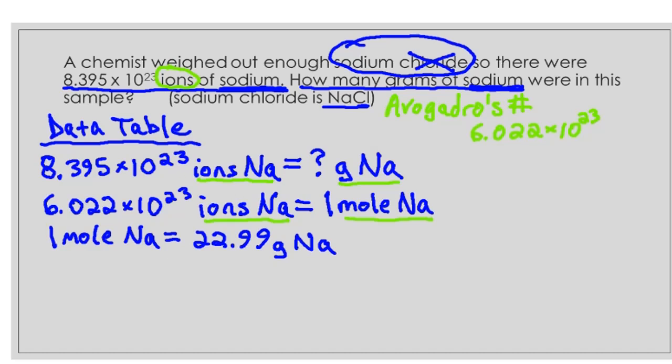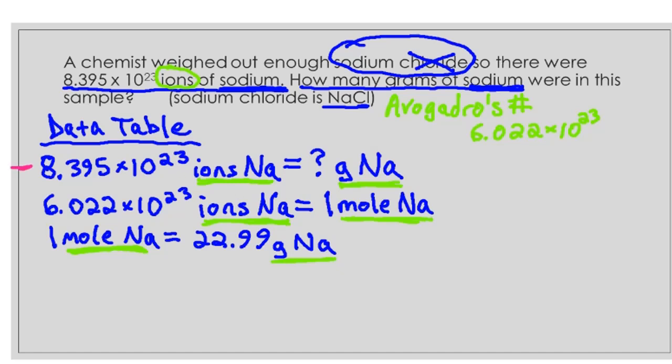Now we can go back and check. There are 2 mentions of ions of sodium. There's 2 mentions of grams of sodium, 1, 2, and there's 2 mentions of moles of sodium. So now that we see that there's 2 mentions of everything in our data table, now we can go ahead and set up the dimensional analysis and solve the problem.